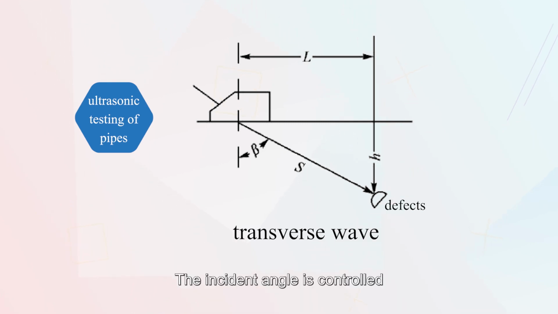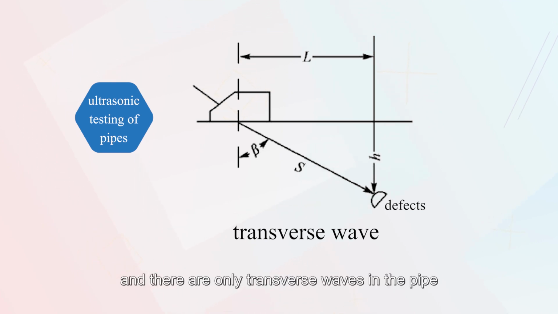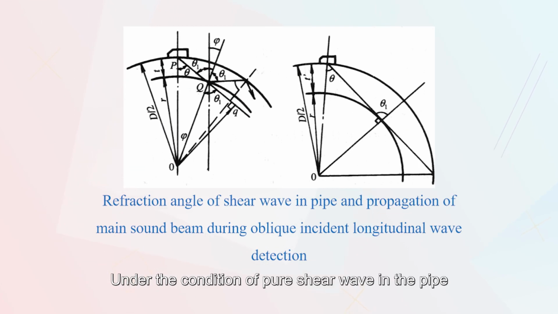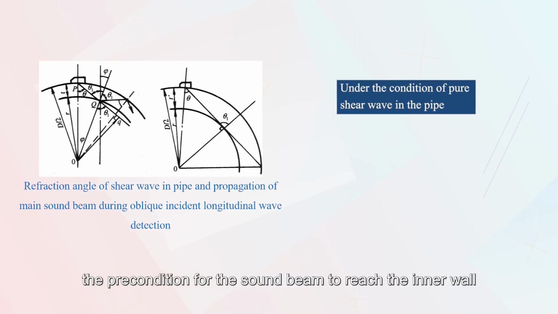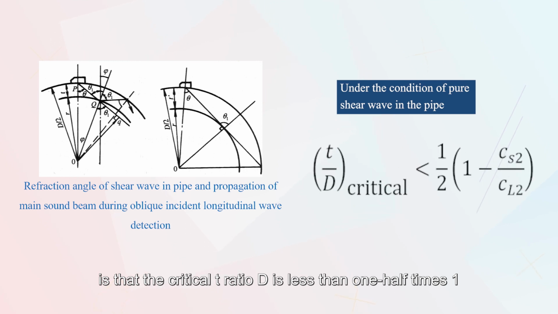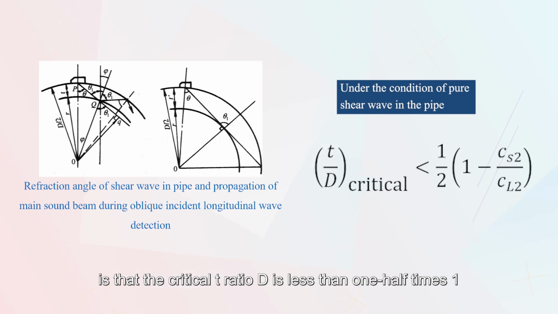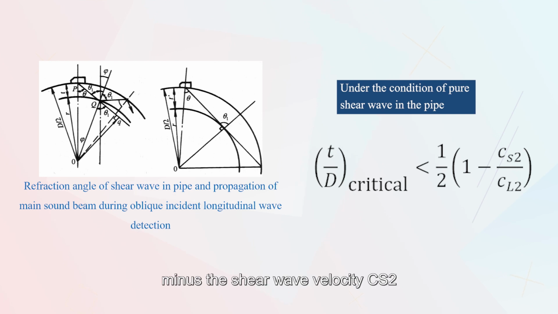The incident angle is controlled between the first critical angle and the second critical angle, and there are only transverse waves in the pipe. Under the condition of pure shear wave in the pipe, the precondition for the sound beam to reach the inner wall is that the ratio of thickness T to outer diameter D is less than 1/2 times (1 minus the ratio of the shear wave velocity CS2 in the pipe material to the longitudinal wave velocity CL2 in the pipe material).